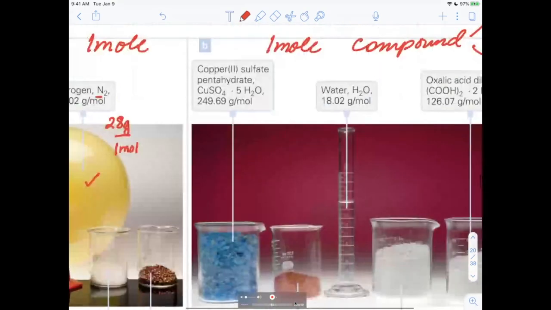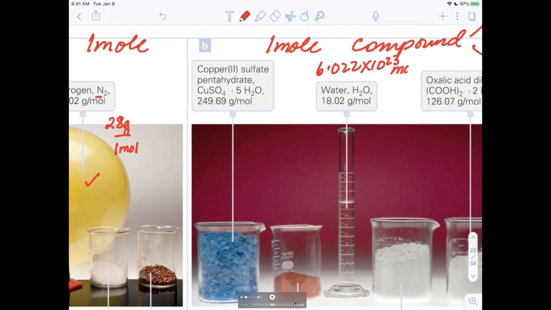On the right, you again end up with Avogadro's number, but these are compounds, so it would be 6.022 times 10 to the 23. You can't use the word atoms because they're compounds. You will say molecules.